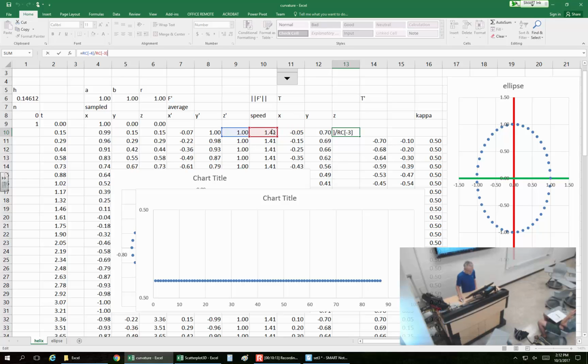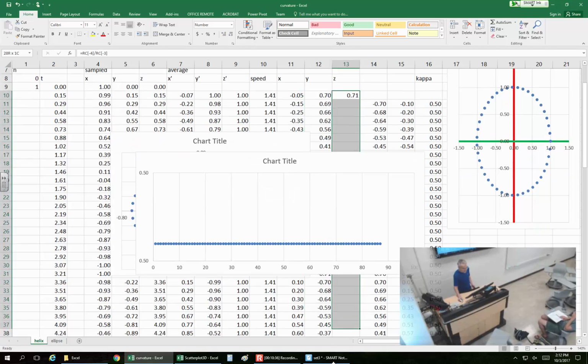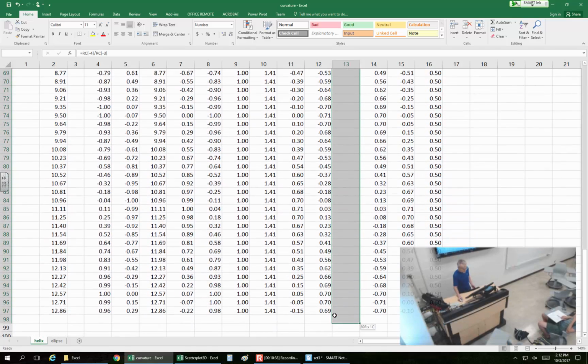I have to divide by the speed. So once again, it is simply the z coordinate of my f divided by the speed, which is in the next column, the red one. That gives me the z component of my velocity of my T.